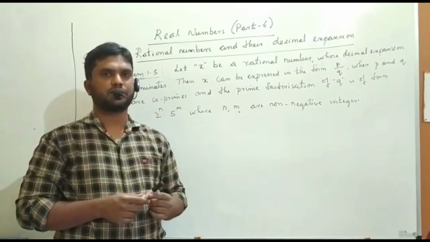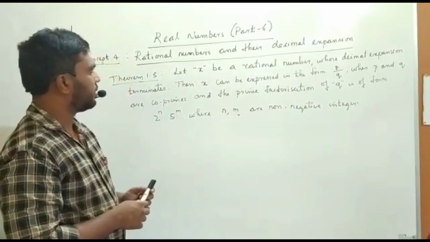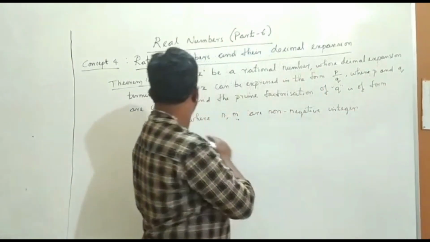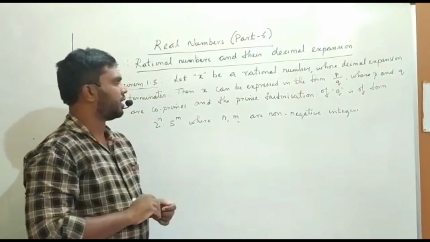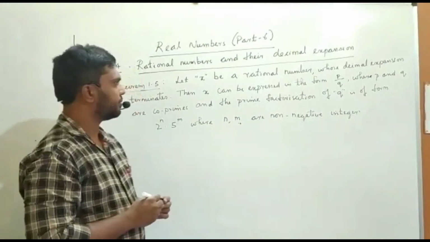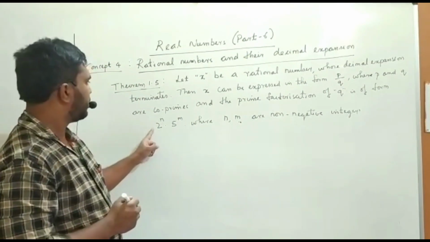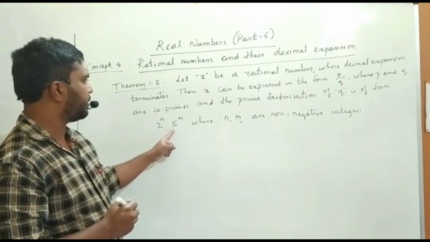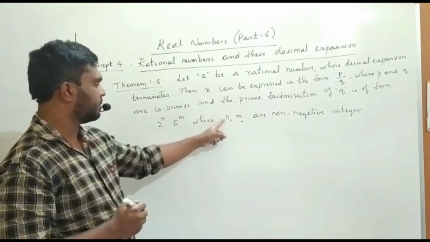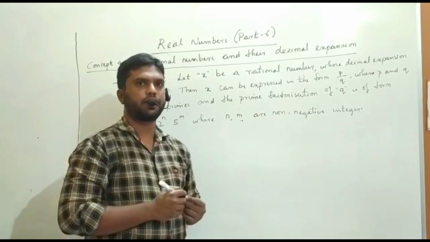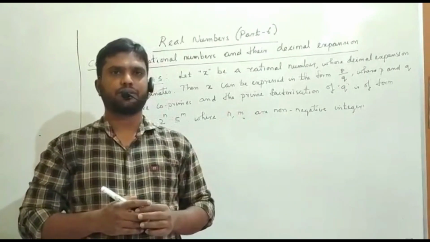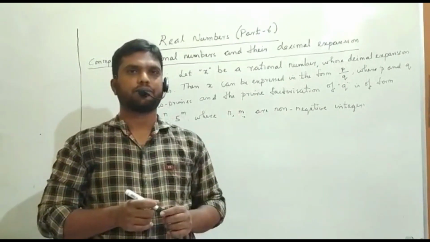You all know rational numbers can be in the form p by q, where p and q are co-primes, and the prime factorization of q, in the sense the denominator, is of the form 2 to the power of n, 5 to the power of m, where these powers n and m are non-negative integers. Non-negative means you can take 0 to infinity, any number. Negative values you should not take.